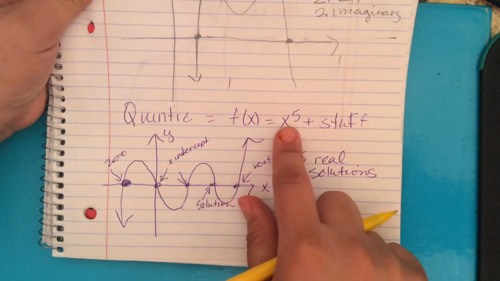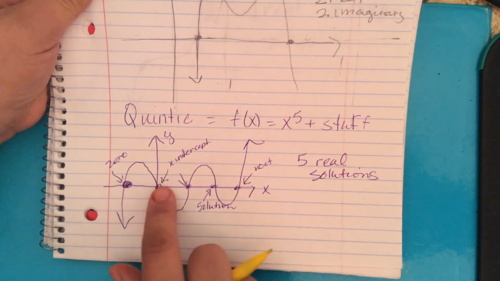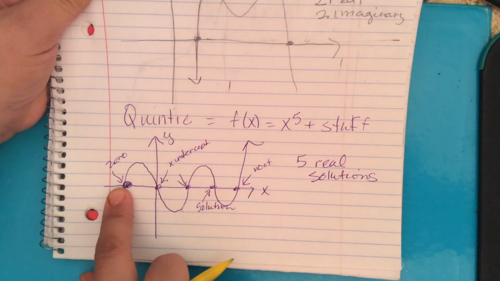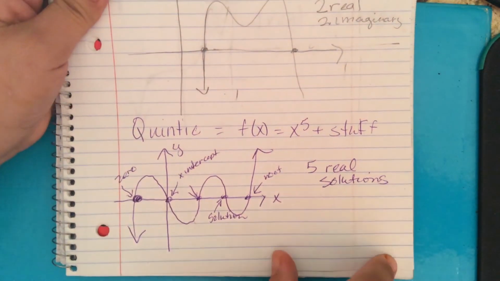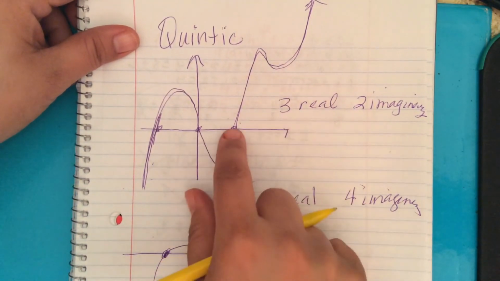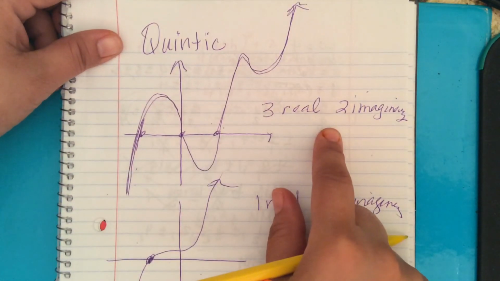A quintic would be like x to the 5th power. You can have all 5 real solutions, where it crosses at 5 different points on the x-axis. You can have 3 real, where you see it cross the x-axis 3 times, and then 2 imaginary.